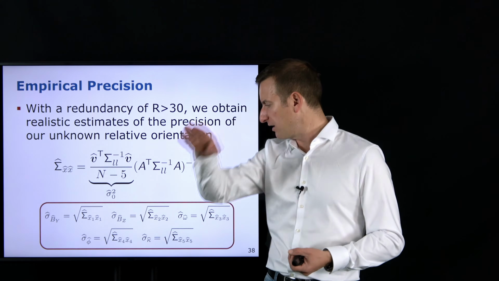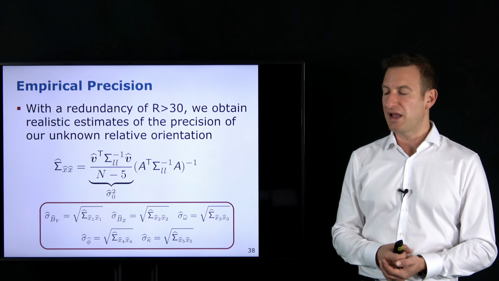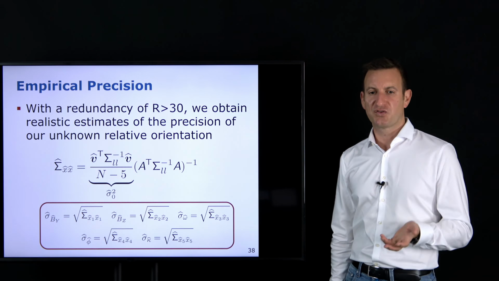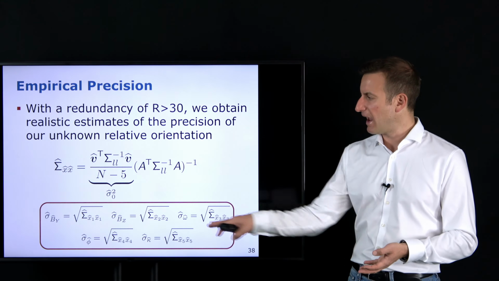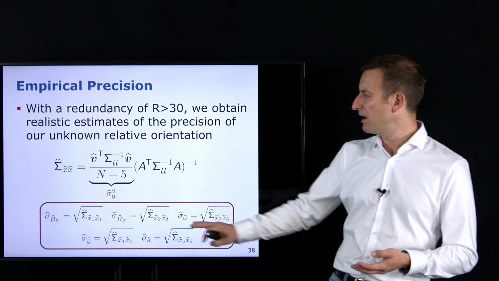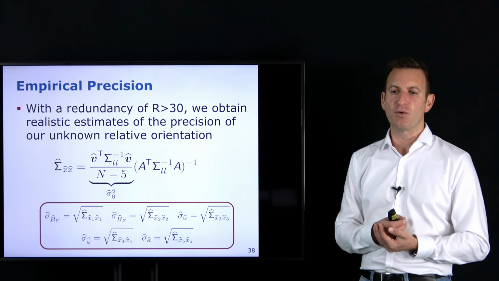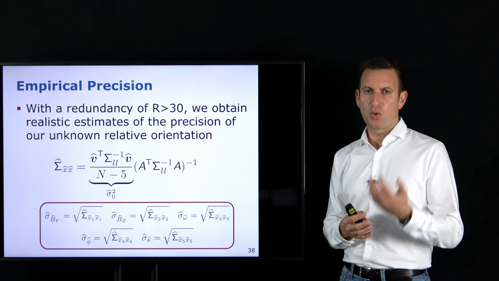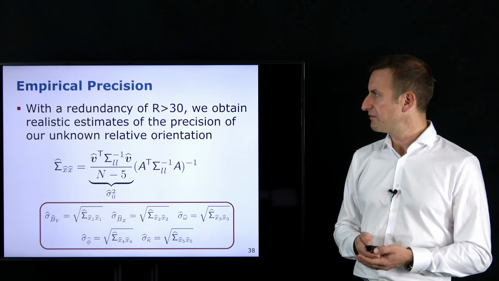And I can do the same thing along the main diagonal of all the quantities that I want to estimate. And this then provides me with information how certain I am, how good is my solution. So I can actually compute it, but again, keep in mind, the values are good if your redundancy is around 30 or larger. So this is one way how I can evaluate the quality of my result in terms of the precision that I have.